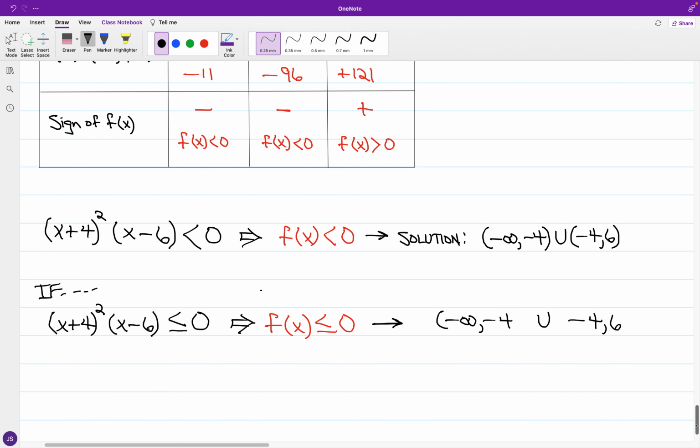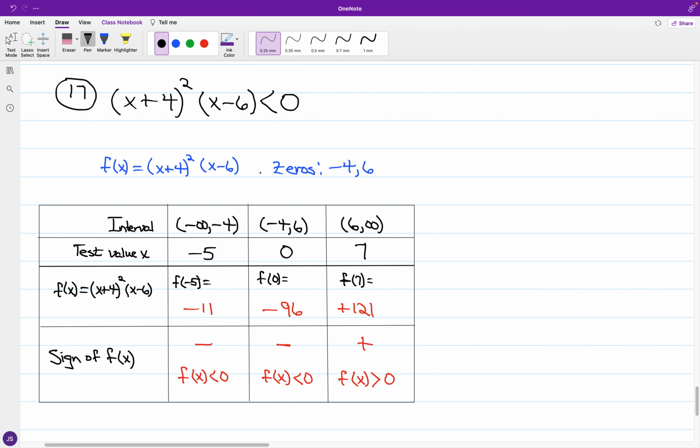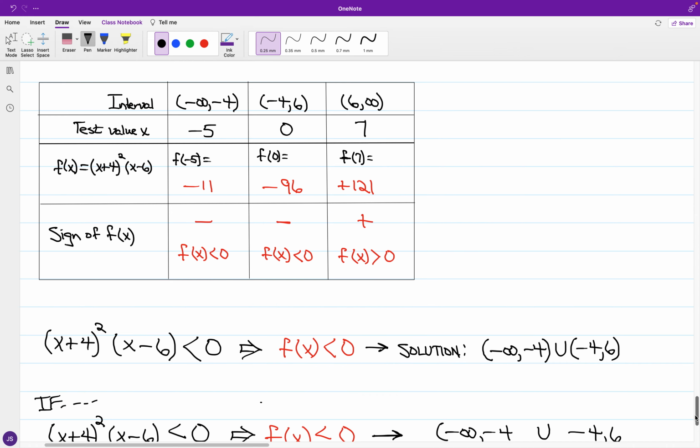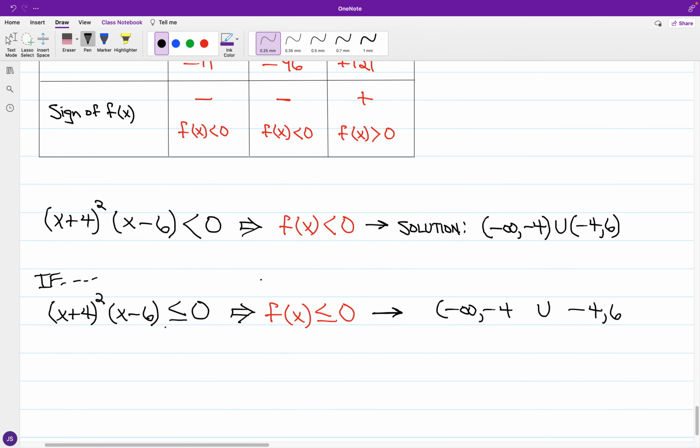And with the equal to 0 part, again, your zeros that would cause this polynomial to be equal to 0 will be -4 and 6. And with the inclusion of the equal sign, -4 and 6 would be part of the solution. So you would have -4 and 6 in alignment with what we have looked at so far. Those would be bracketed.